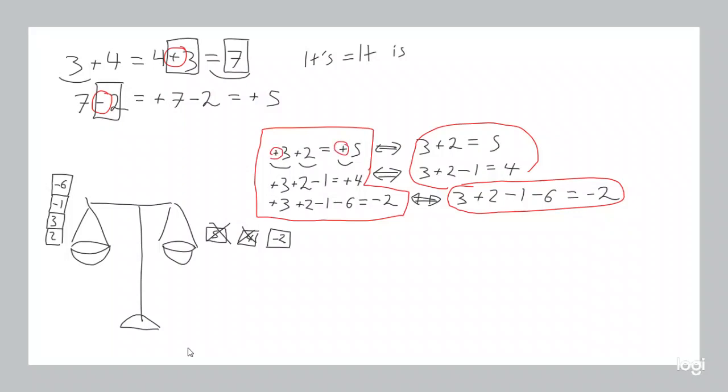And if we want to get really specific in our writing of everything being positive, and maybe you've seen this form of writing things before, positive 3 plus positive 2 plus negative 1 plus negative 6 equals negative 2. Maybe you've seen things written like that before.